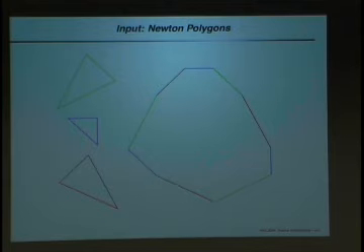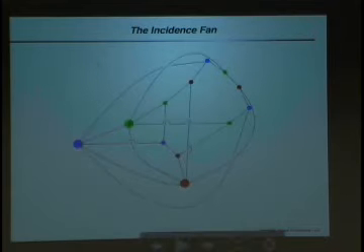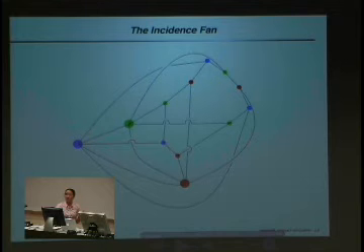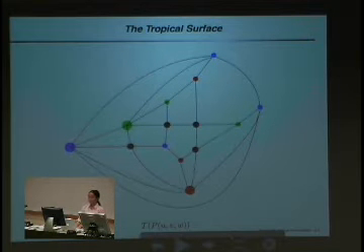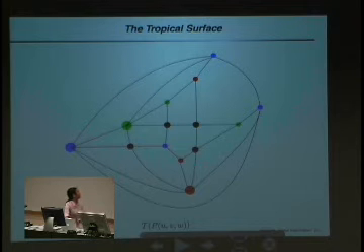So we connect them. Each of the small blue dots is connected to one small red dot and one small green dot. So that's the incidence. And then we're going to map into 3 dimensions. This lives in 12 dimensions, and everything's nice. Then we map to 3 dimensions, and we get the tropical surface.